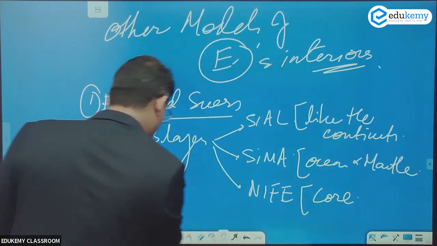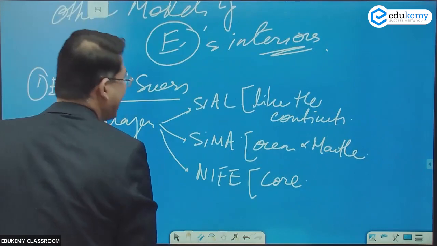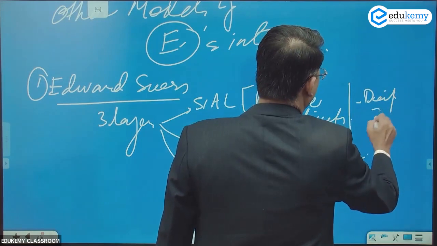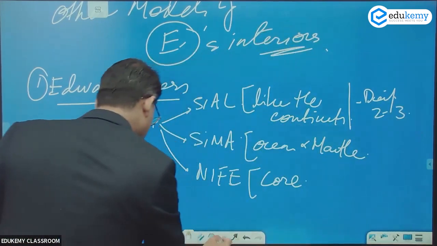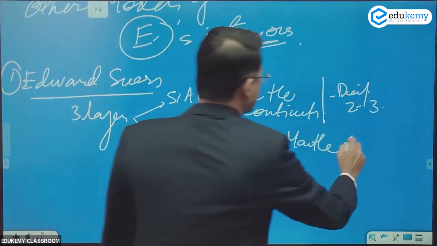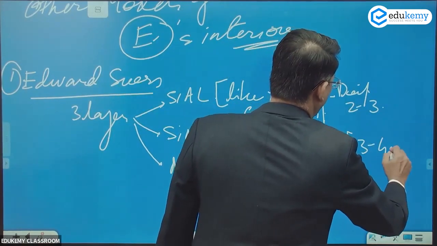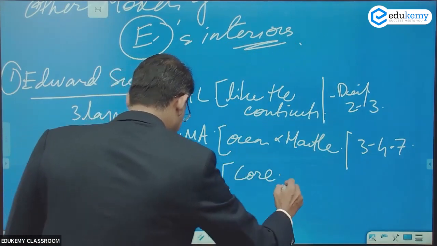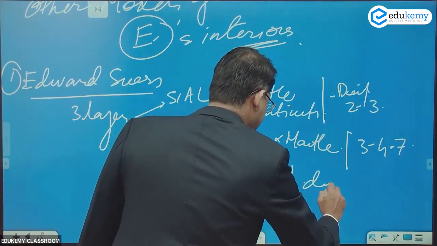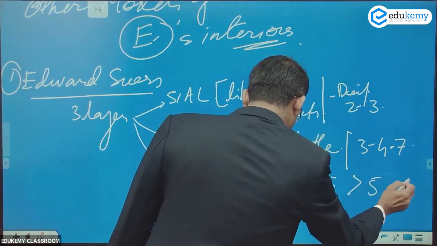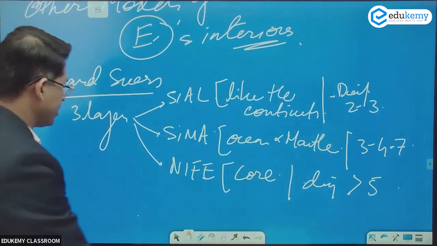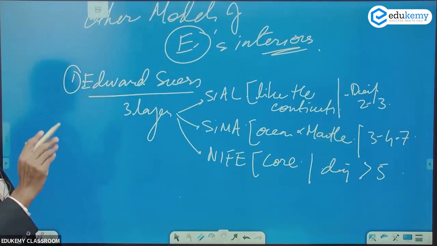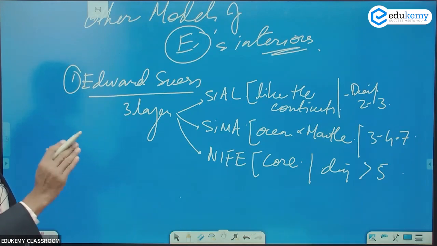The Sial is the lightest, with a density of 2 to 3. The Sima is intermediate, with a density of approximately 3 to 4.7. And the Nife is the densest, with a density of more than 5. This is the concept of Edward Suess: Earth has 3 layers, Sial, Sima, and Nife.